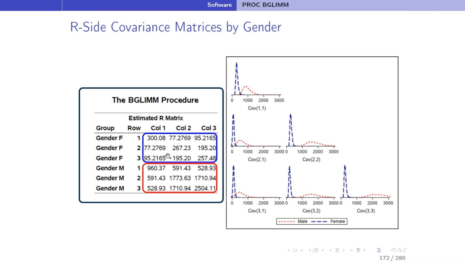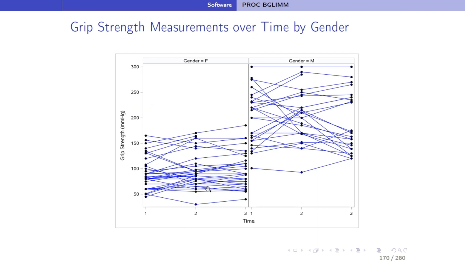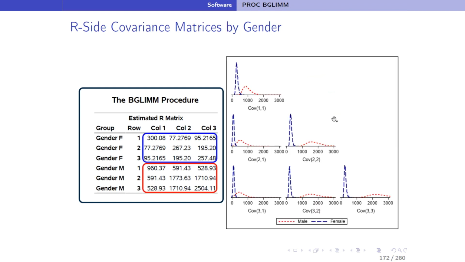The female diagonal variances are more or less constant, around 300, but the male variance term increases over time, which indicates a great amount of variability as you go along the time dimension.